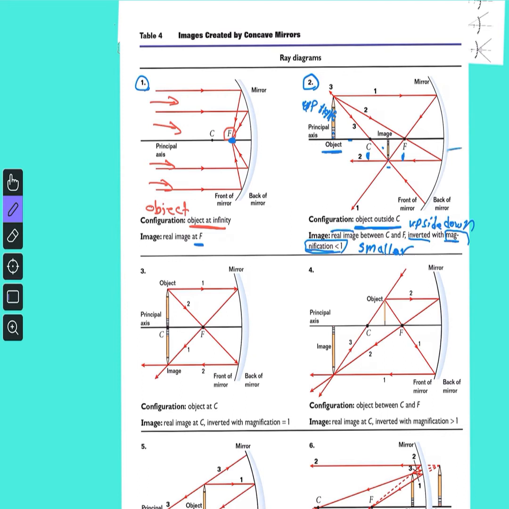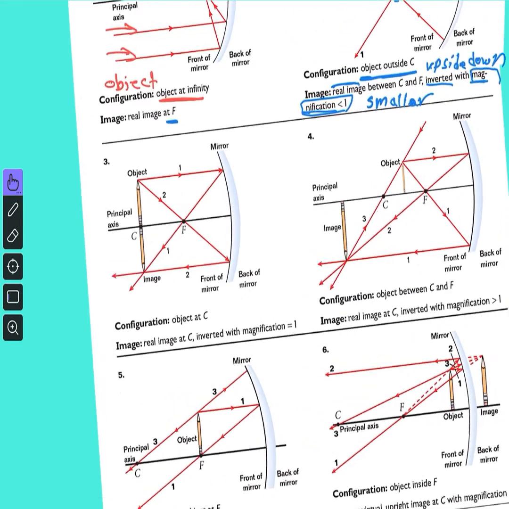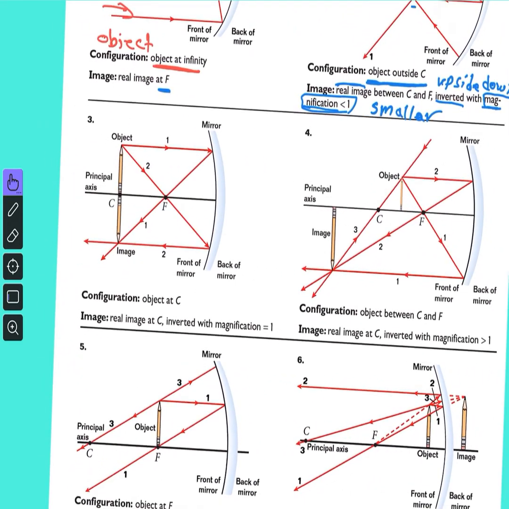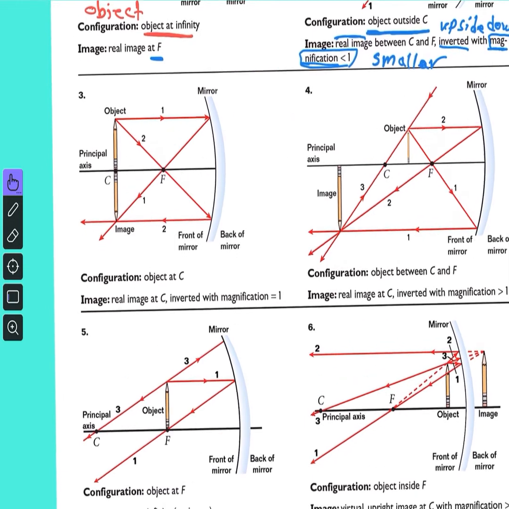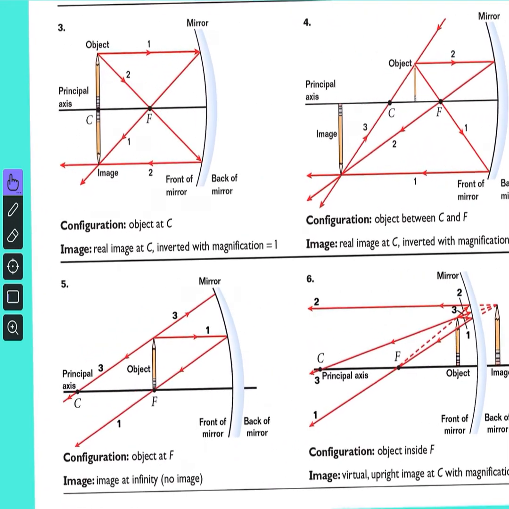If it is formed at this part, anywhere else, we will call it not real. But if it's formed in front of the mirror, we will call it a real image. Okay, that's the second part of the concave mirror.